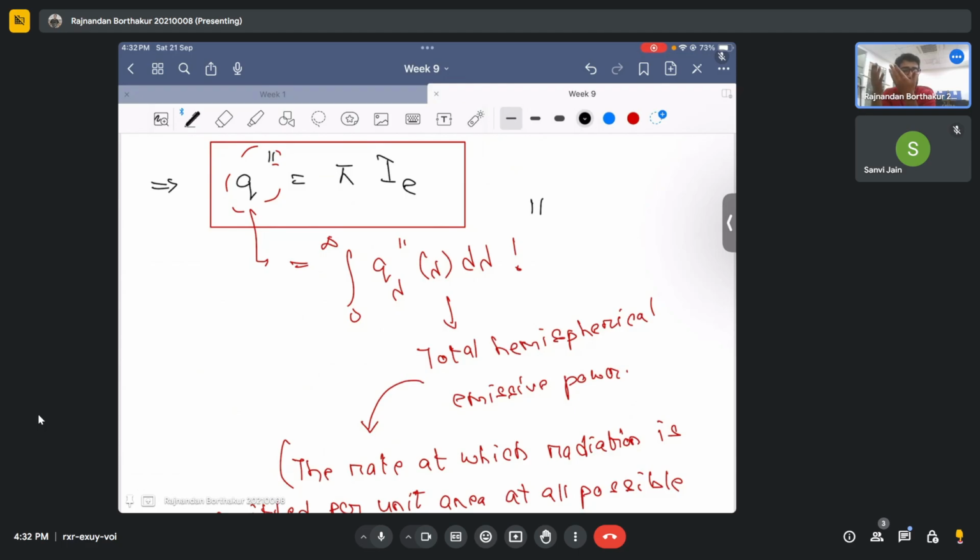And we have also seen that these quantities show dependence on the direction as well. For instance, if I have a surface, the emissive power that comes out from this surface is dependent on which wavelength we calculate it at, and also on which direction we are calculating it. But for a diffuse body, which means the surface is a diffuse surface, the properties are independent of direction.